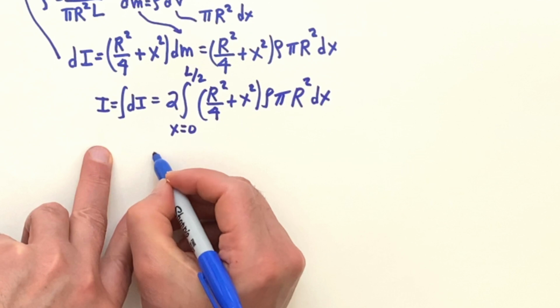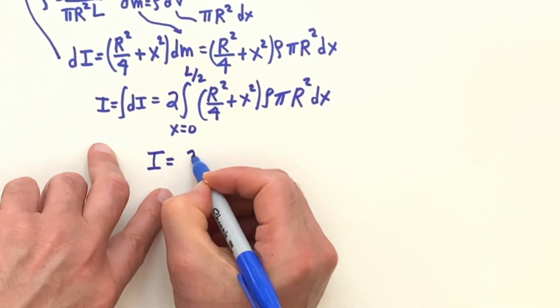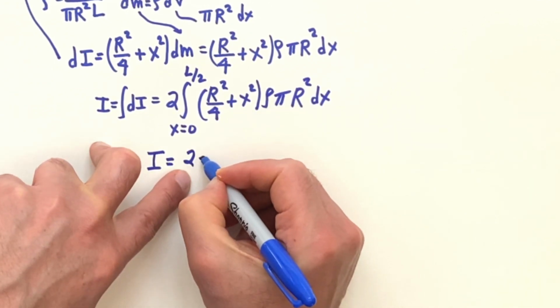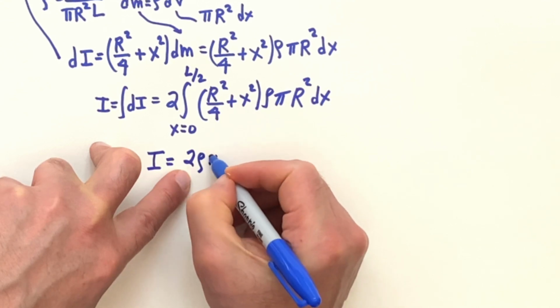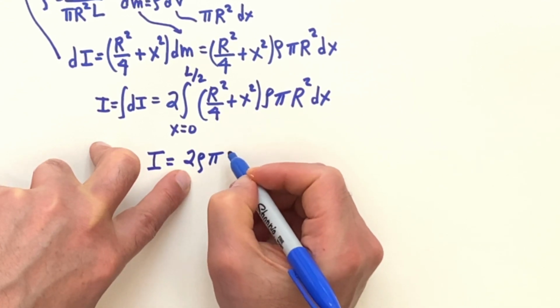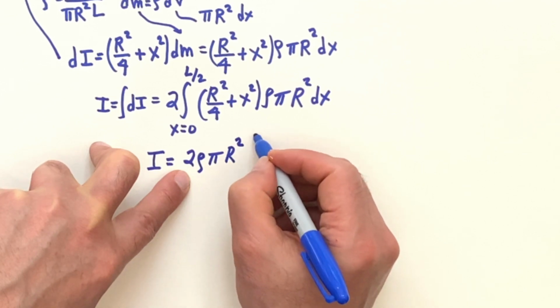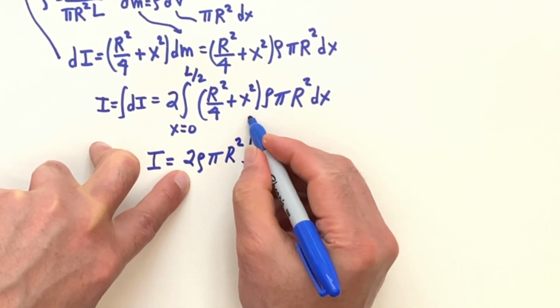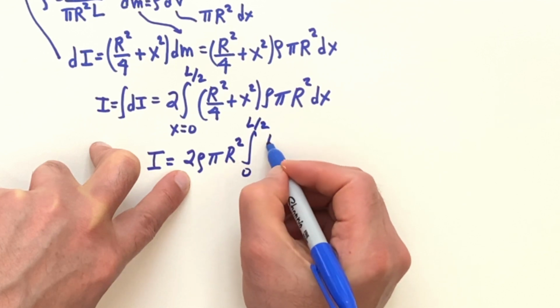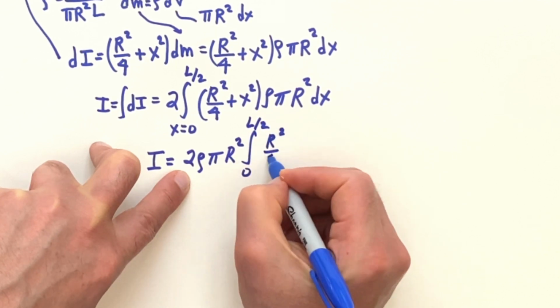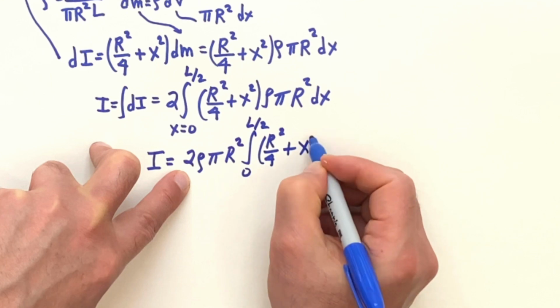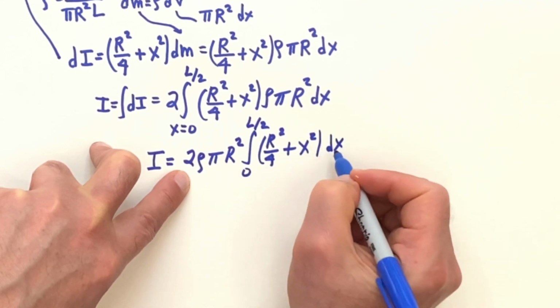So let's pull out all these constants. 2 is out there already, rho pi, and the R squared is a constant. That can come out. And we want to go from 0 to L over 2, integrate R squared over 4 plus x squared dx.